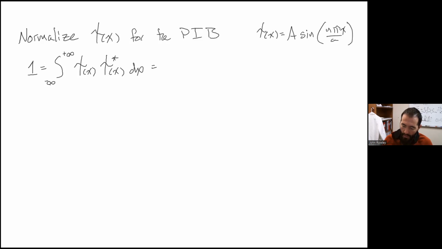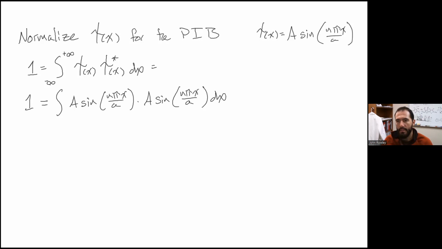What would that look like? That would mean that 1 is equal to the integral of A sine n pi x over a times A sine n pi x over a dx. Notice that the complex conjugate here is just the function again. There's no imaginary component.